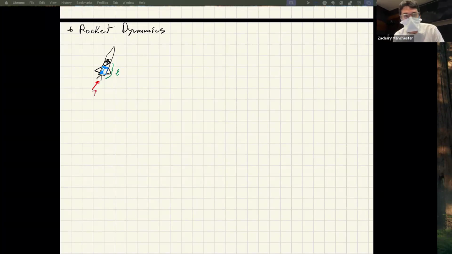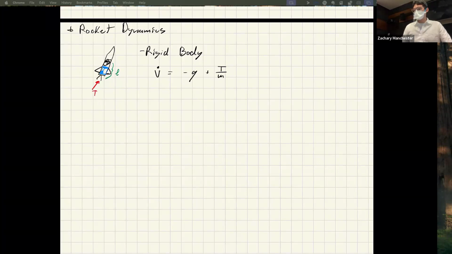So let's see, what can we say about this? We'll model this as a rigid body, but it's not, right? But that's kind of the standard model. So we've got gravity, and then we'll have thrust over mass. So this is just point mass dynamics. And then we've also got the fuel burn dynamics. So that looks like this.